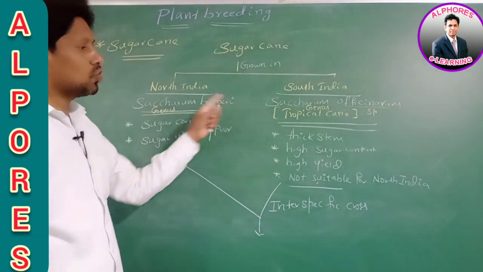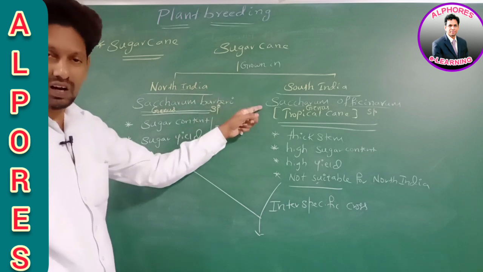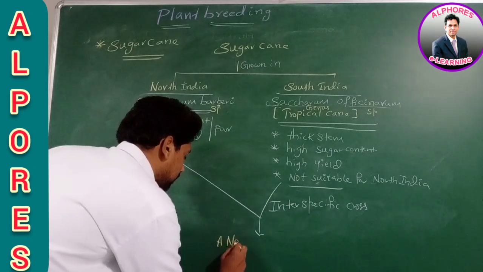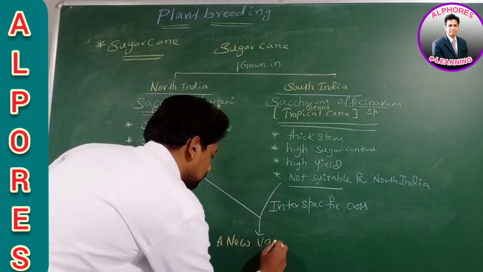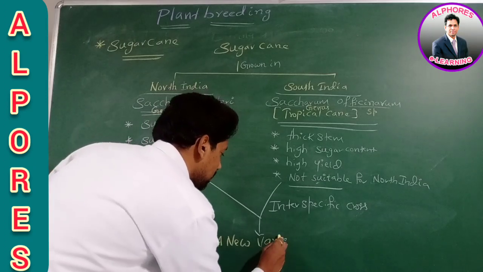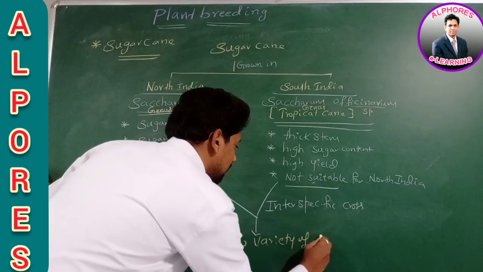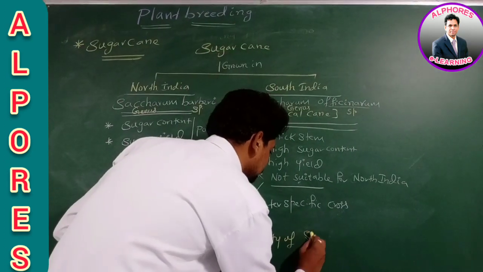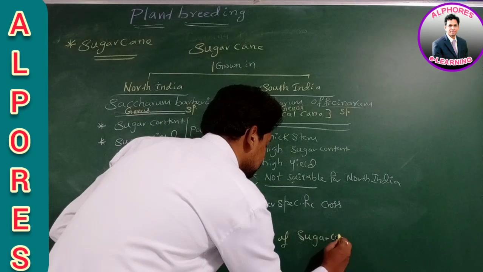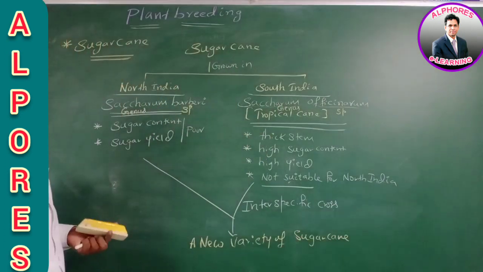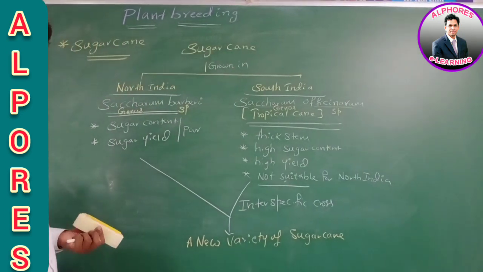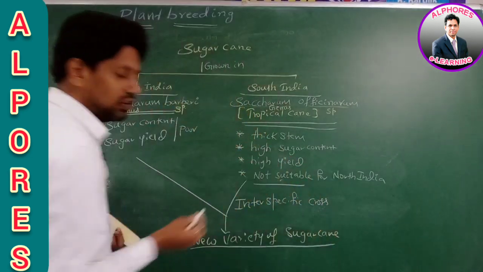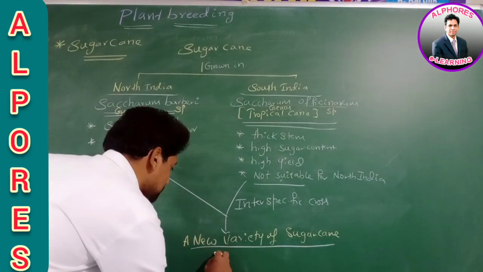When these two were crossed, we got a new variety of sugarcane. Now you tell me, can we call this new variety of sugarcane an interspecific hybrid?